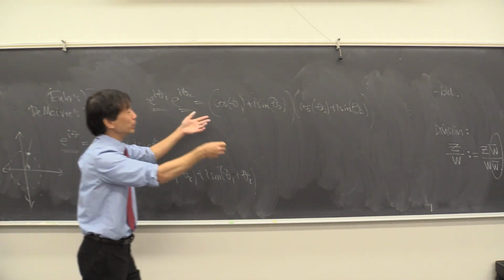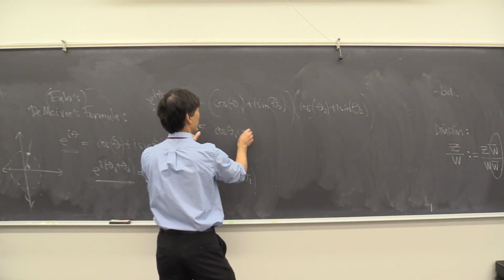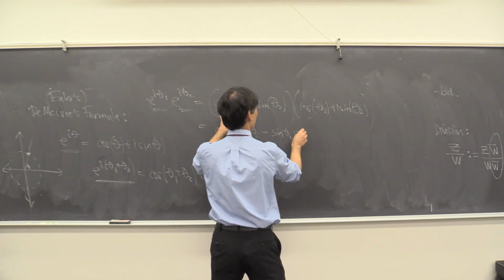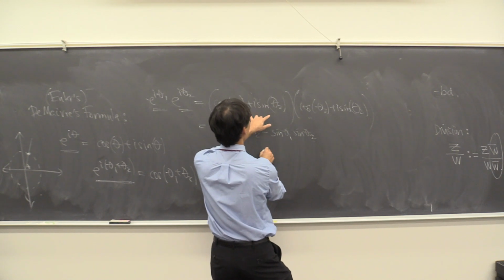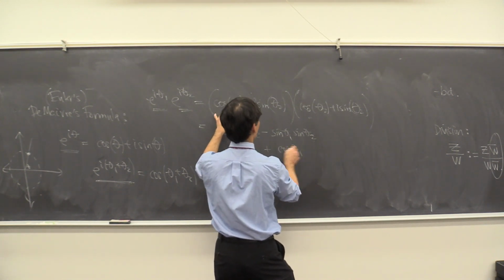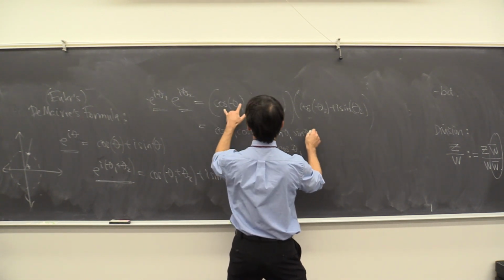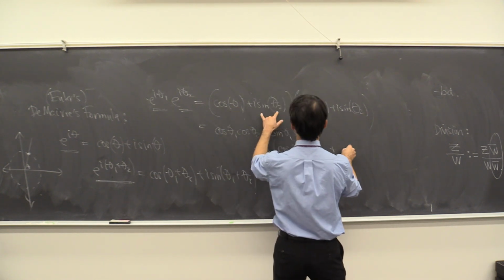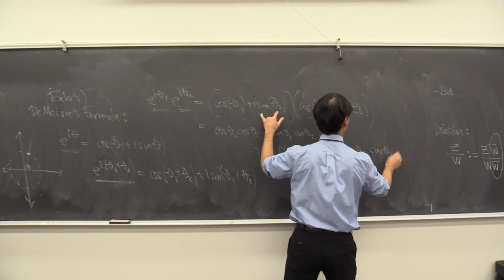And then you do complex multiplication. You get cosine theta 1 cosine theta 2, minus sine theta 1 sine theta 2, and then you get the imaginary parts. You get plus i times cosine theta 1 sine theta 2 plus cosine theta 2 sine theta 1.